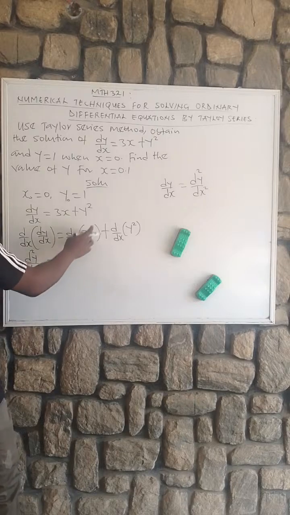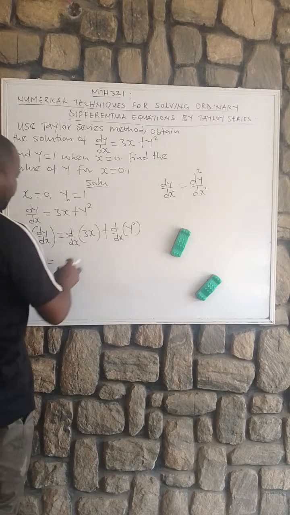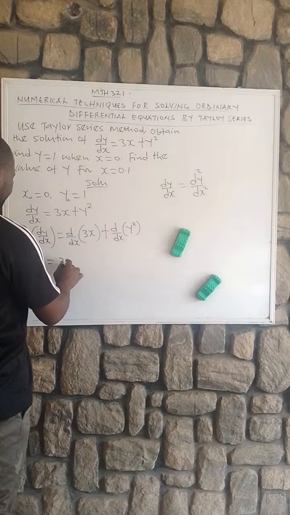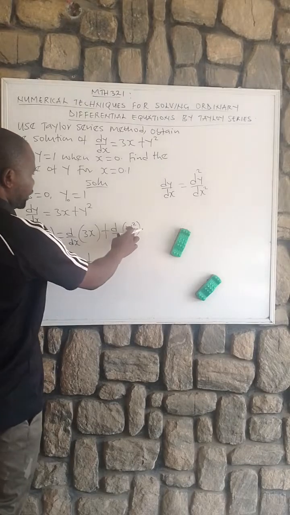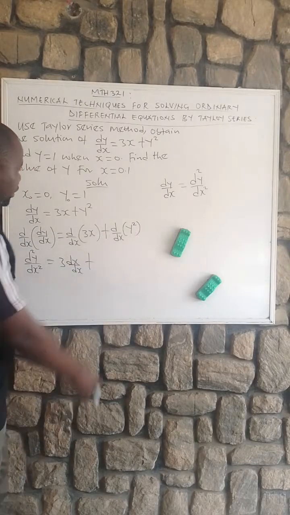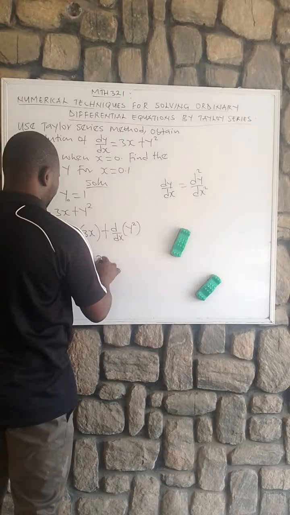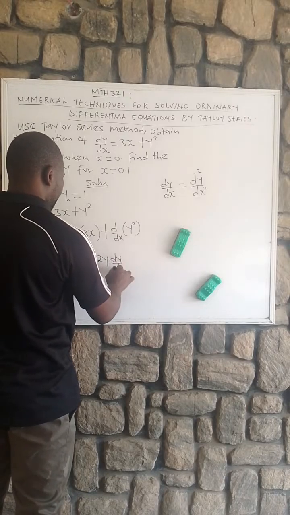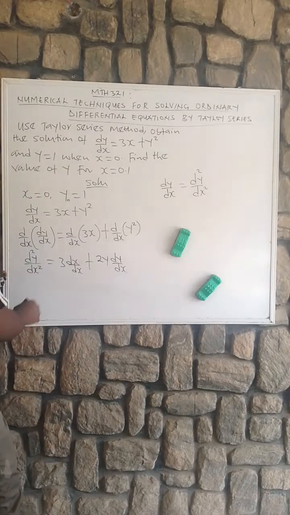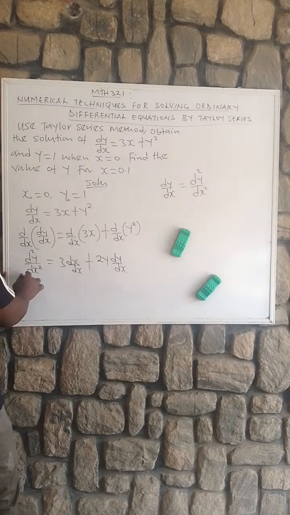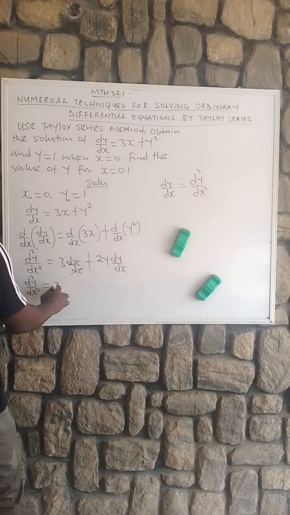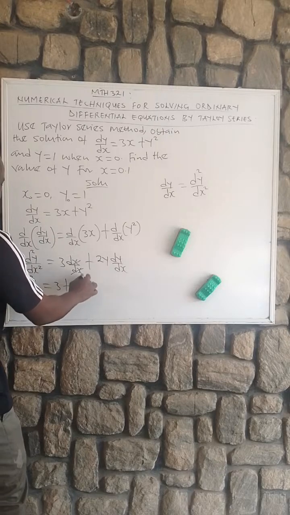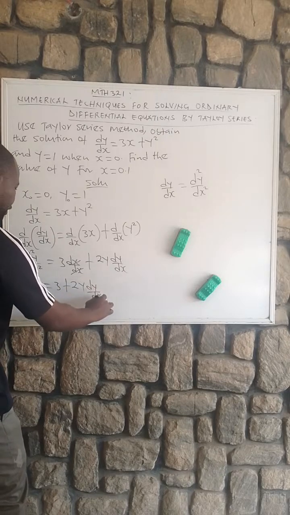Then equals to, differentiate this with respect to x, you are going to have 3 dx all over dx, plus differentiate this with respect to y, since y is the only function here, so we are going to have 2y dy all over dx, true or false? So it means this second order derivative, we are going to have d squared y all over dx squared equals, this cancels, 3 plus 2y dy all over dx.